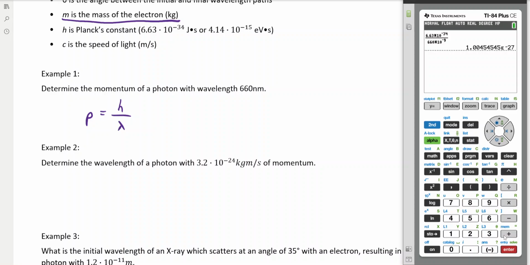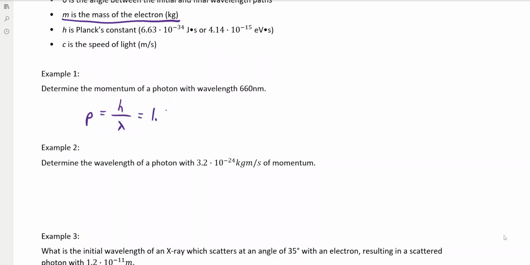And so the momentum is 1.00 times 10 to the negative 27. Now, because this is momentum, and we know momentum is mass times velocity, it's kilogram meters per second. Those are our units.